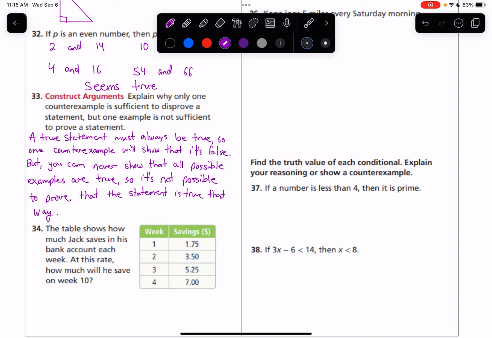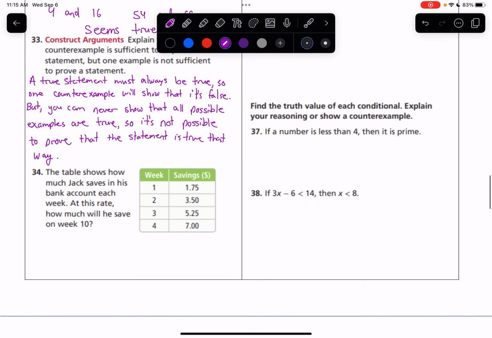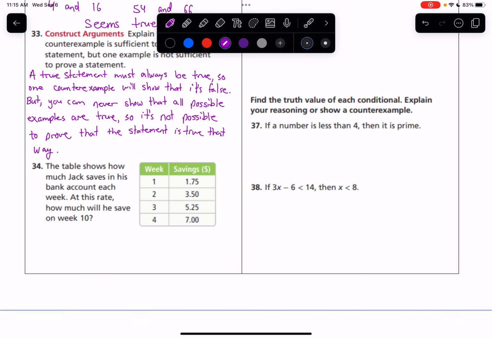All right. Number 34, the table shows how much Jack saves in his bank account each week. At this rate, how much would he save on week 10? So we can find the difference in the savings here. So we could take like 350 minus 175 and say, oh, we're going up by 175.